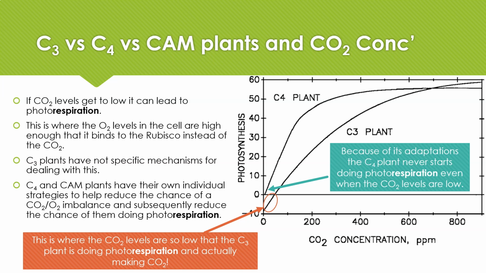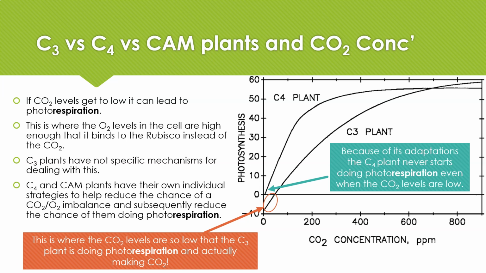But when levels are high, it's really quite good. C4 plants are still reasonably efficient. They're just not as efficient because they have that extra step. So that's why they plateau a little bit earlier than C3 plants, and they don't quite have as high a rate of photosynthesis. It's not a major difference, but it's a little bit of a difference, and that's why you see that change at the top end of the graph.